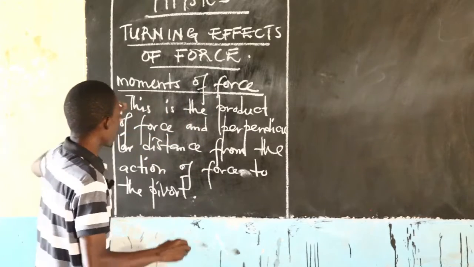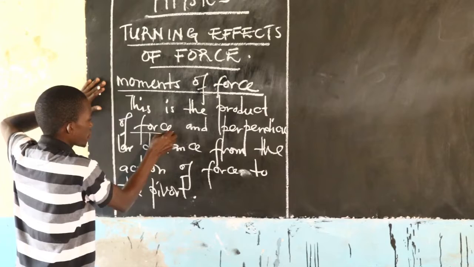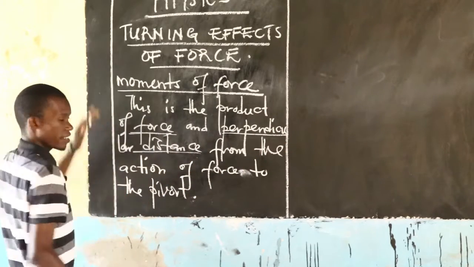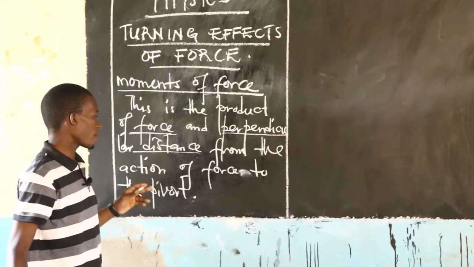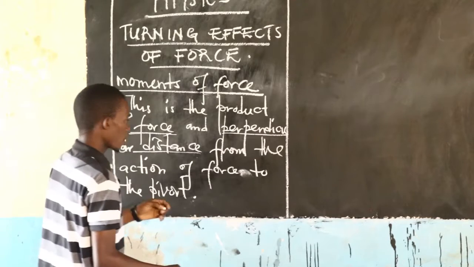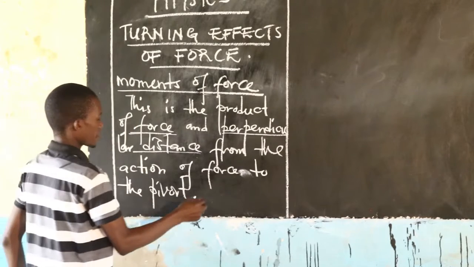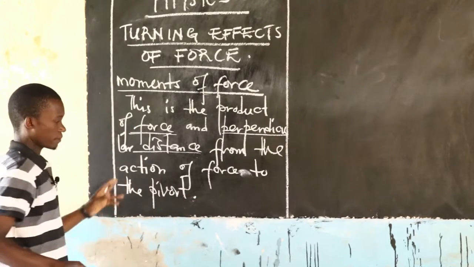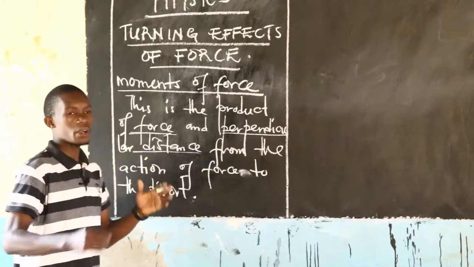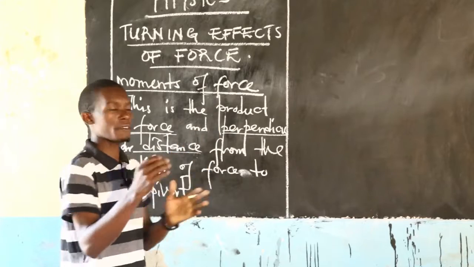Here we have the force and the perpendicular distance from its line of action of the force to the pivot. Now here we have the turning point.